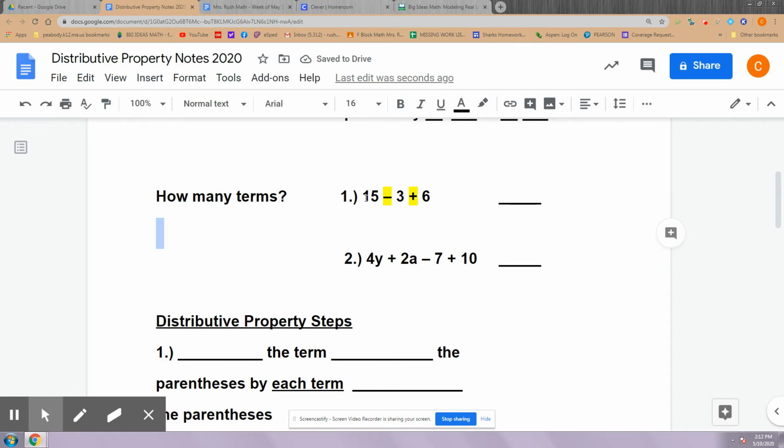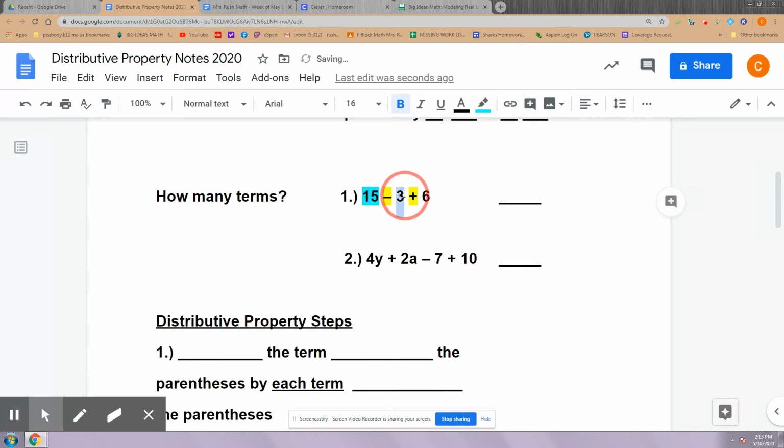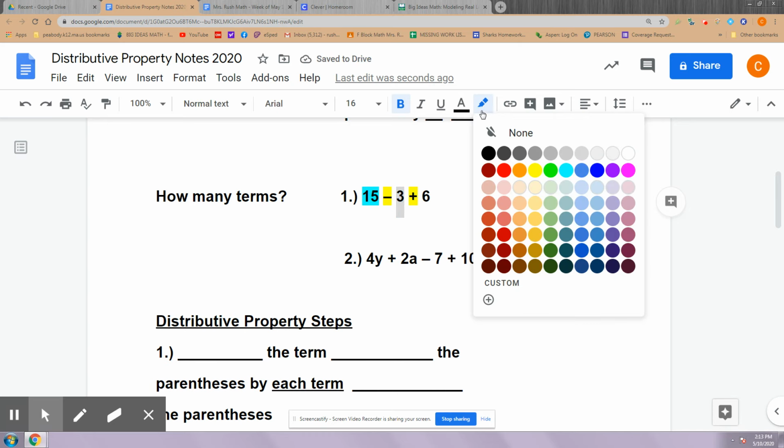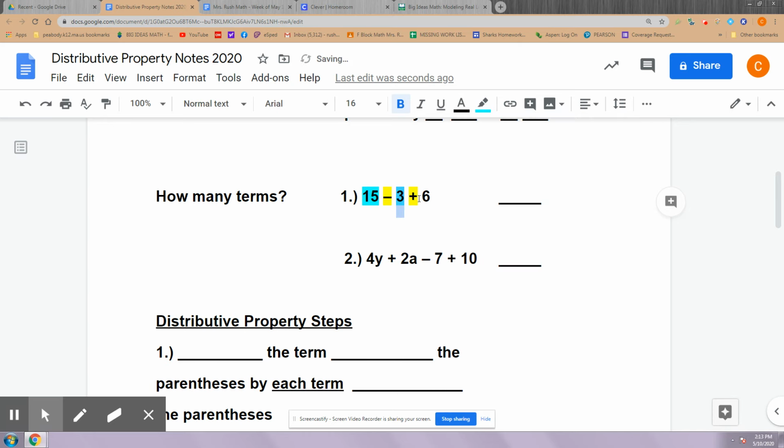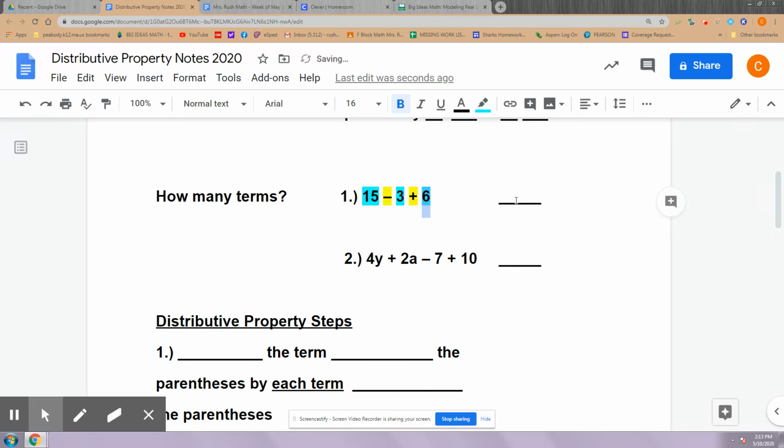So there's actually going to be 3 terms. Here's the first term, 15. Here's the second term, 3. And here's the third term, 6. So there would be 3 terms in that expression, 15, 3, and 6.